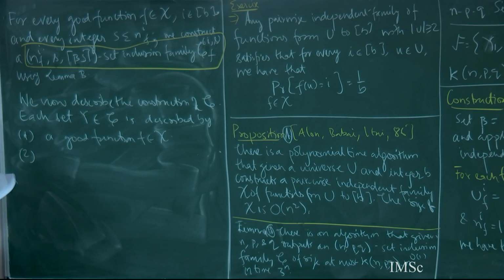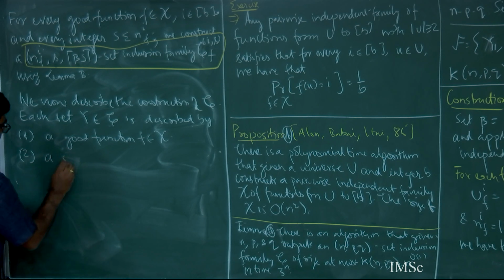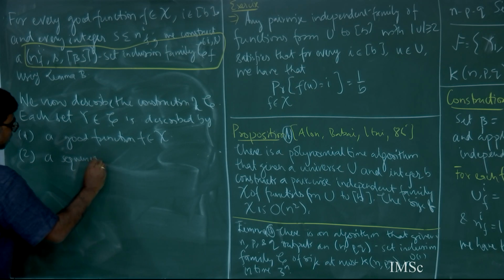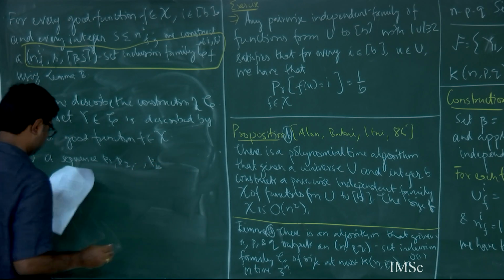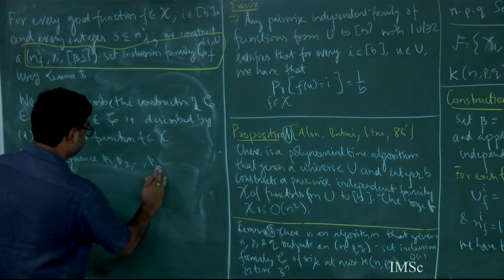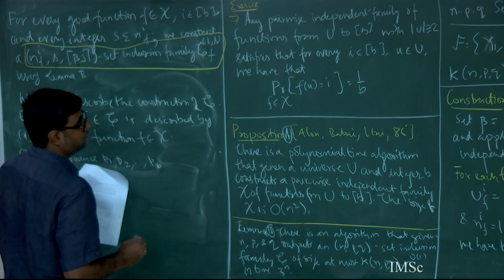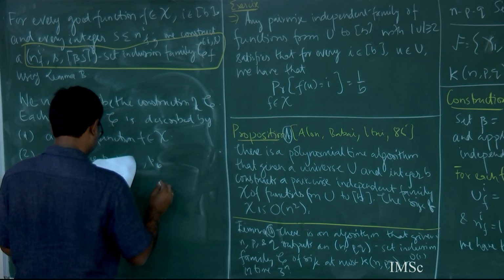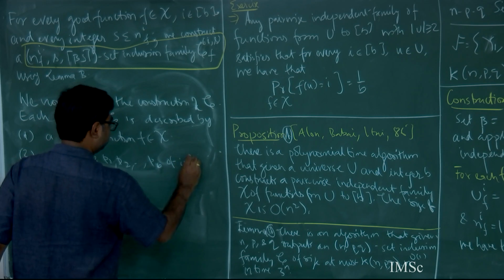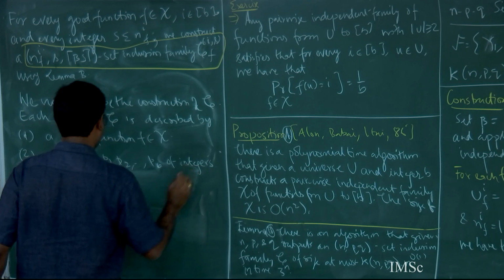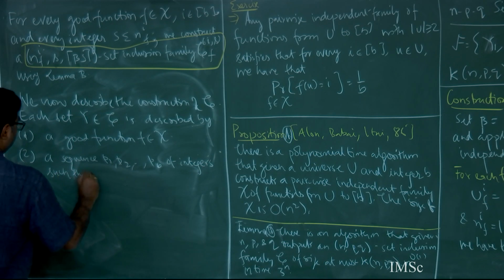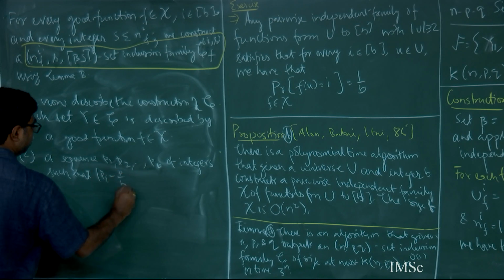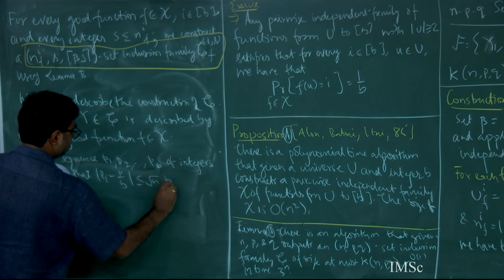Second, a sequence p1, p2, up to pb of integers, such that pi minus p by b is root n times b.